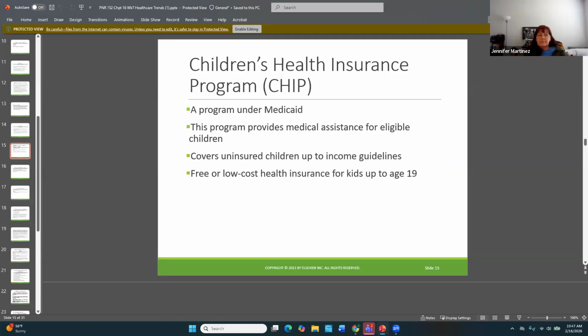So it covers uninsured children up to the income guidelines, and free or low cost health insurance for kids up to age 19. And so this is actually a really good program. When I worked in peds, I worked with a lot of families that had CHIP, and it really does help. It really does help.